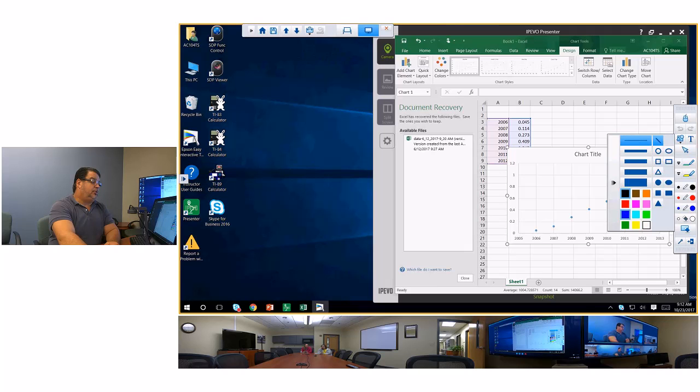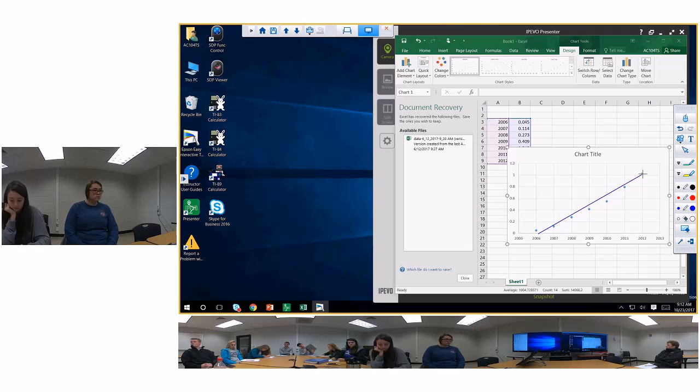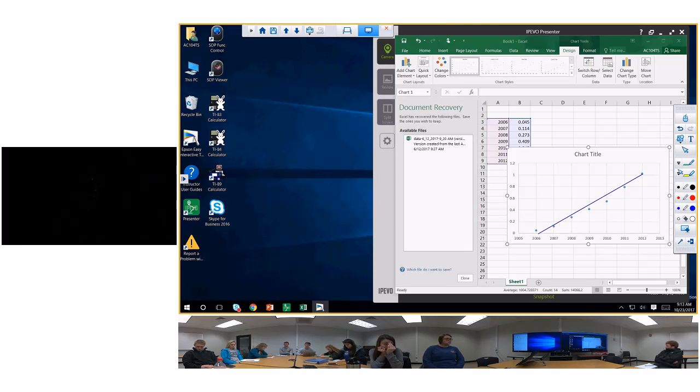Let's go with blue. And maybe have it go something like this. Okay? You could do that. But it looks to me like it's nonlinear. If you were to take these points and put them together, then you would have a nonlinear term or nonlinear line.